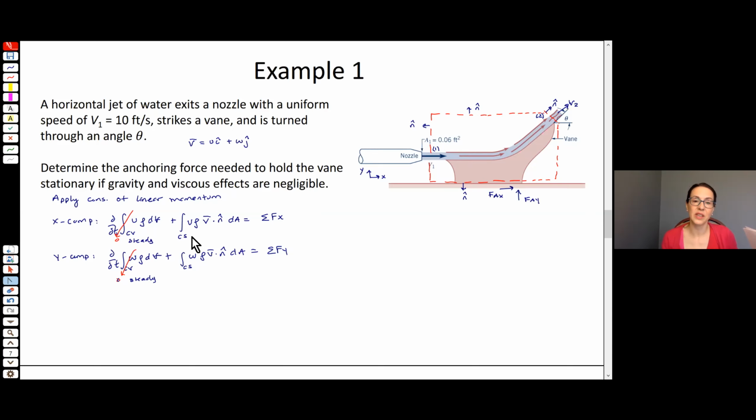And then we've got these terms, and remember when we derive this equation, this term represents the flow of linear momentum through the control surface. That happens in two places, at the entrance here at section 1 and at the exit here at section 2. Now we just need to write down the correct form by taking the dot product here correctly and getting the signs right. So let's go ahead and do that.